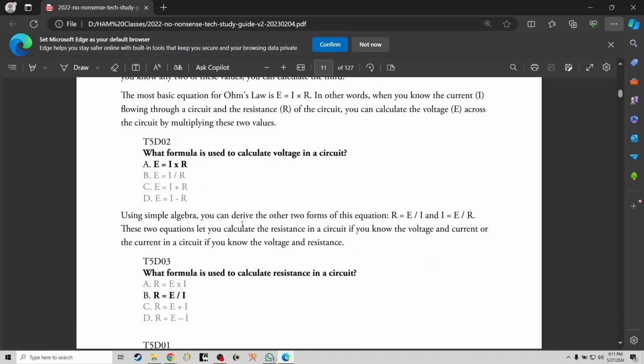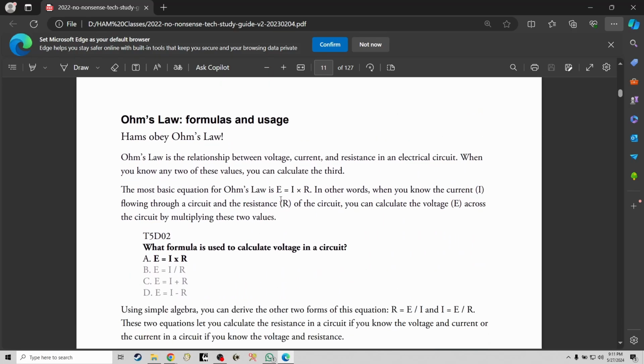All right, so Ohm's law. Ohm's law basically is E equals I times R. E is voltage, voltage is described by the letter E. R is resistance, and current is I. So E equals I times R is the formula for Ohm's law, which is the first question here: the formula used to calculate voltage in a circuit.